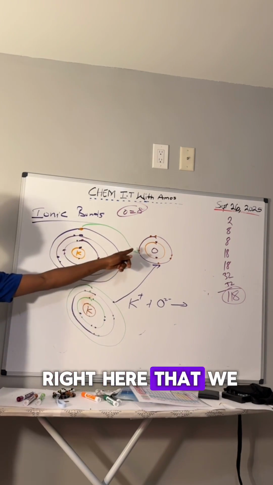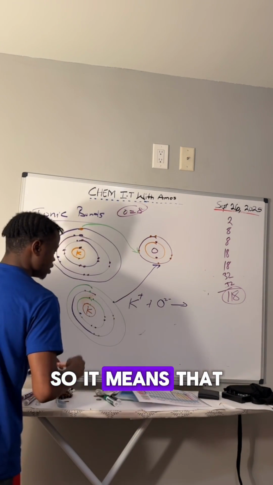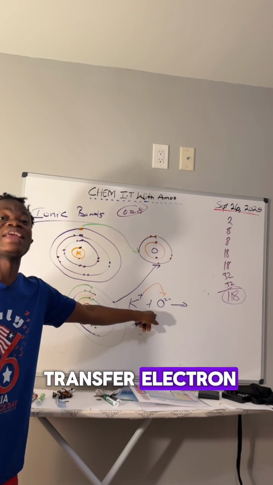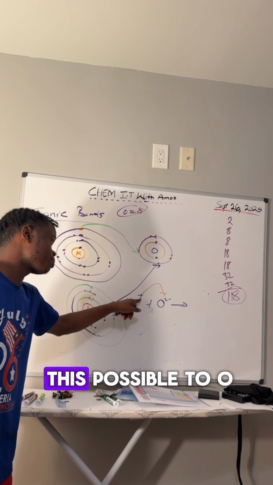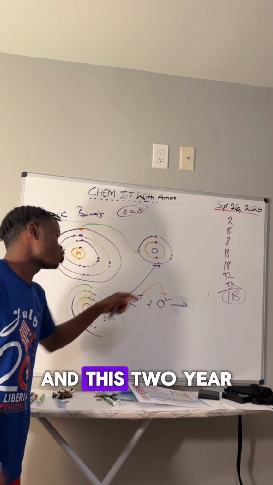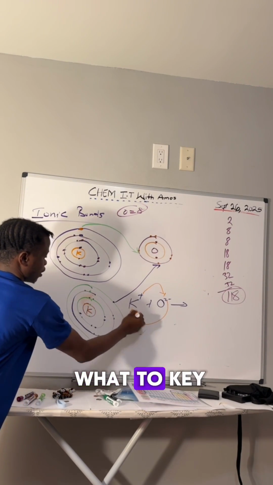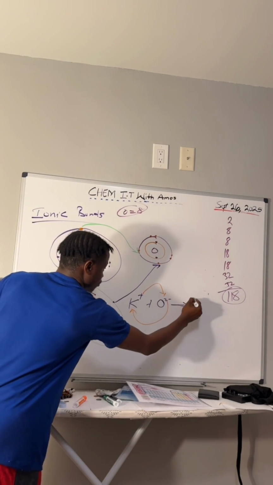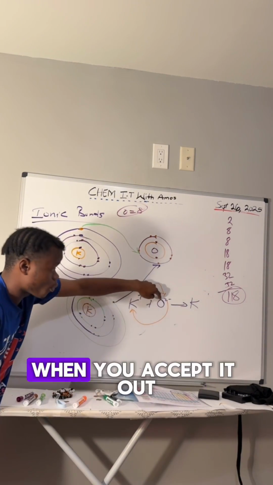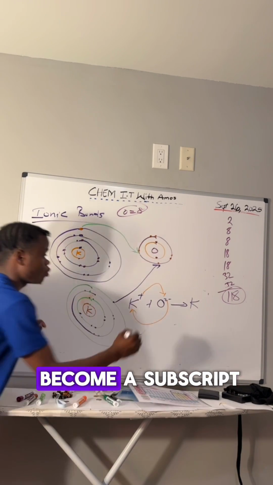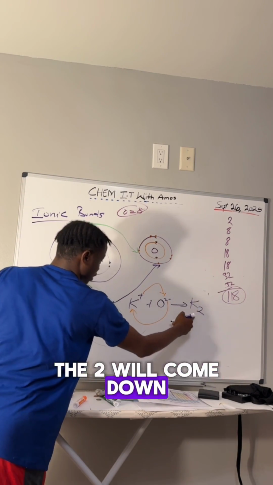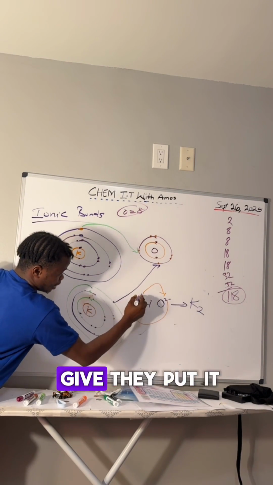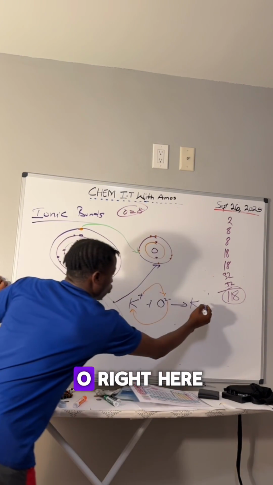In the same scenario that we just showed, K gives this one to O, which accepts it, because it's a transfer of electrons. So K gave this positive charge to O, and the 2 you see here, it gave to K. So it becomes K2, where the 2 as a superscript charge comes down as a subscript. Then this O was minus 2 and gave it to K, so K now gives the positive to O, so we just have 1 O right here.